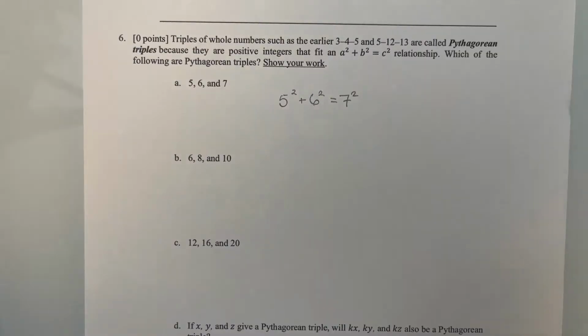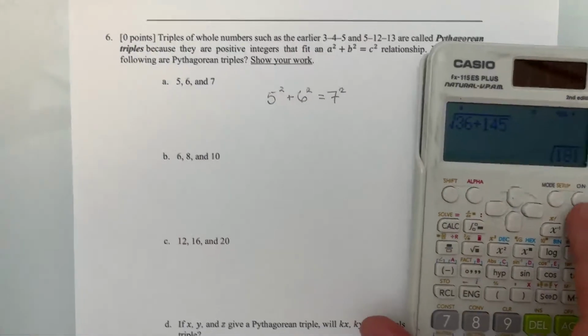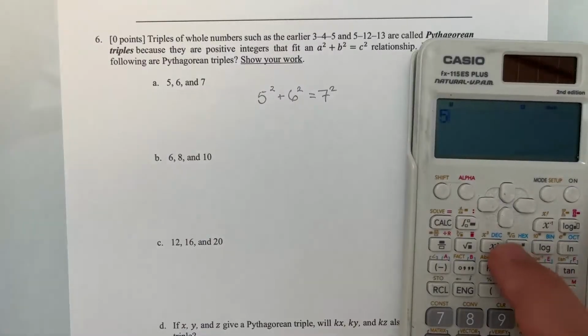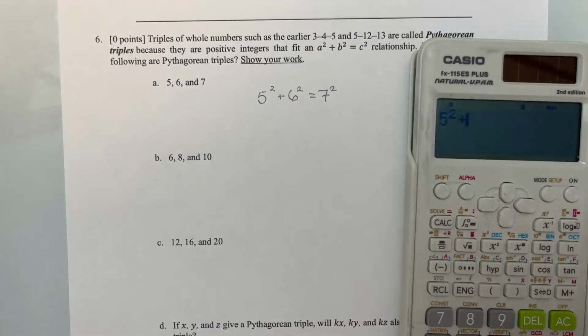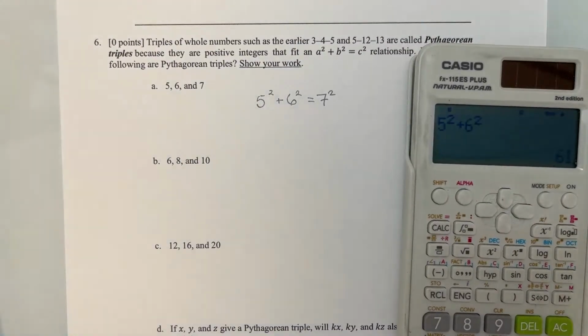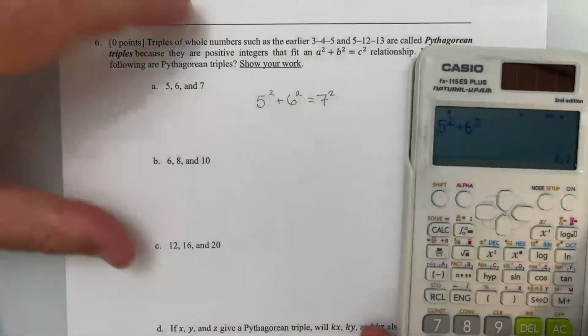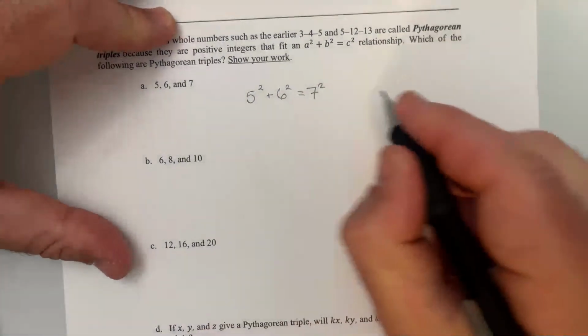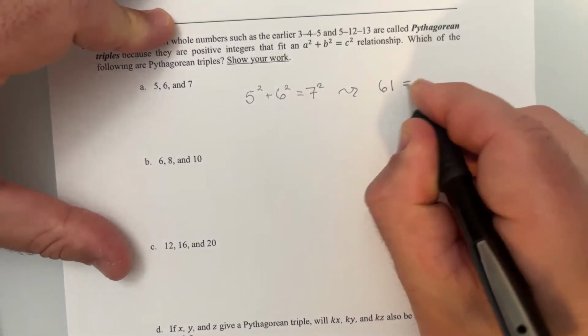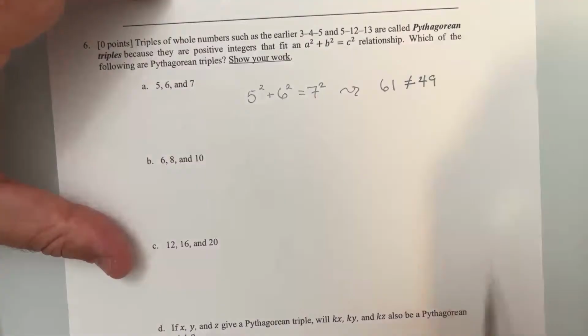So now I'm just seeing if this is true. So 5 squared plus 6 squared, that is not equal to 7 squared, which I know to be 49. So 61 is not equal to 49.